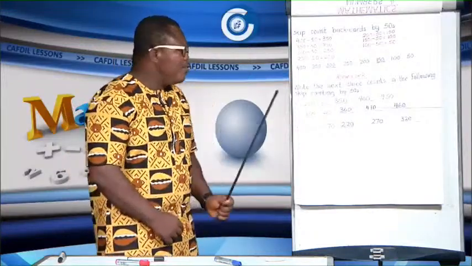But learners, before we come to today's lesson, let us answer the homework I gave to you yesterday. This was the homework, and you were asked to write the next 3 counts in the following skip counting by 50s.